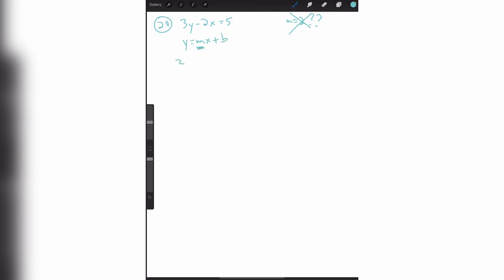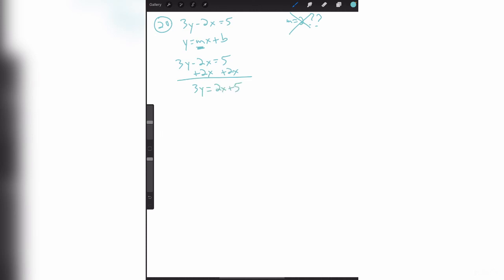So if I take 3y minus 2x equals 5, and I want to get y by itself, the first thing I want to do is get rid of that 2x and add it to the other side. So I get 3y is equal to 2x plus 5.